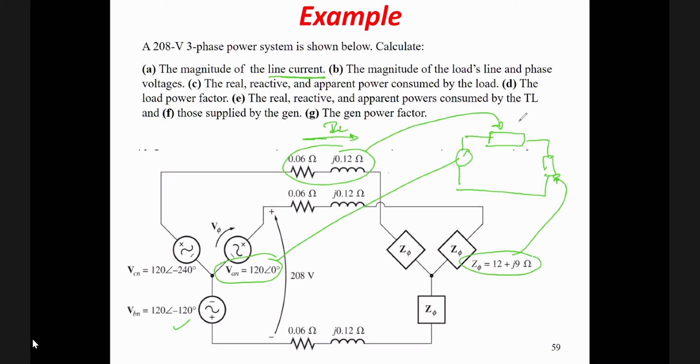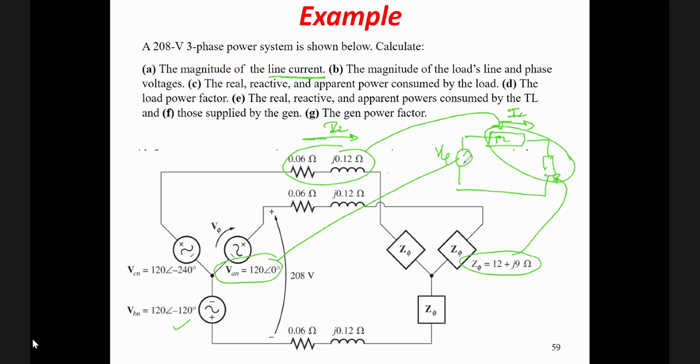Well, yeah, line current means that this is the current in this impedance. So yes, you can, V over Z1, plus you divide the voltage here by the equivalent impedance, right? That's it. This is the line current. The magnitude of the load line and phase voltages. So here it is asking about the line voltage and phase voltage at the load.